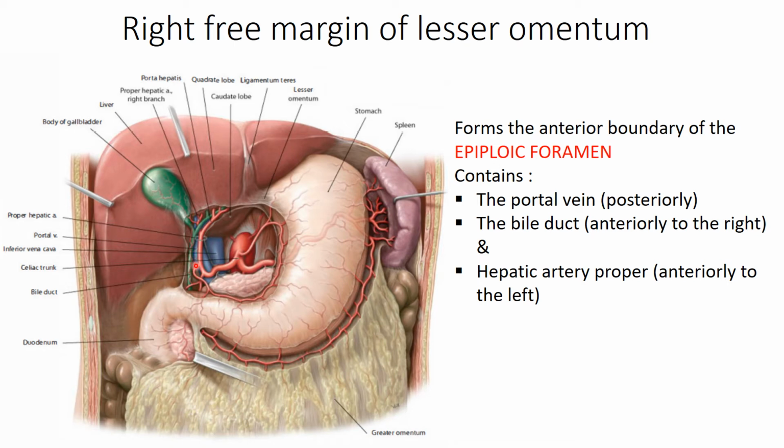So they can be palpated here through this right free margin, and posteriorly is the inferior vena cava, which is covered by the peritoneum. Superiorly is the caudate lobe of the liver, and inferiorly is the first part of the duodenum, which is the superior part. So these are the boundaries of the epiploic foramen.